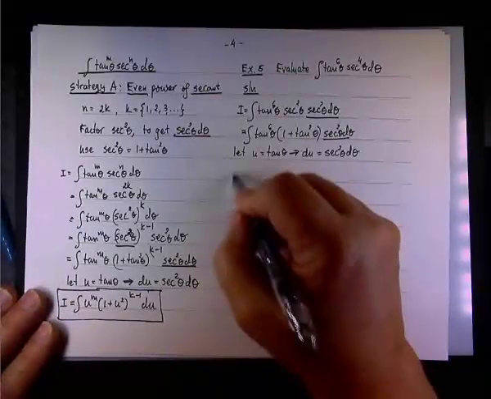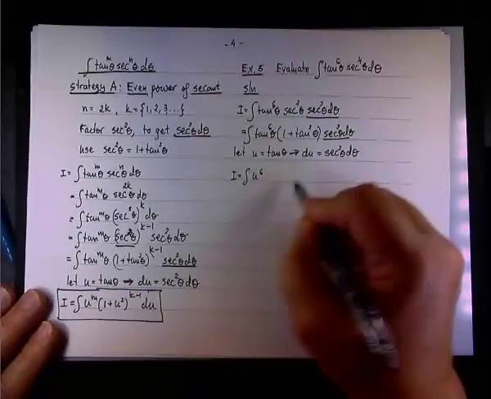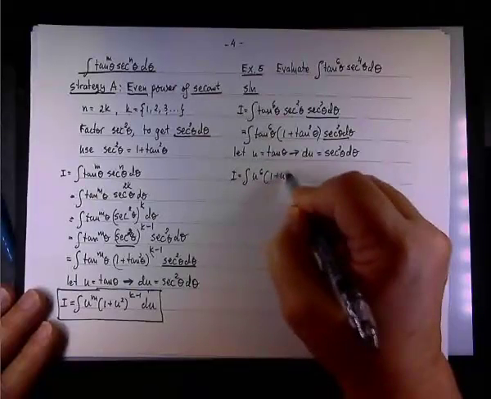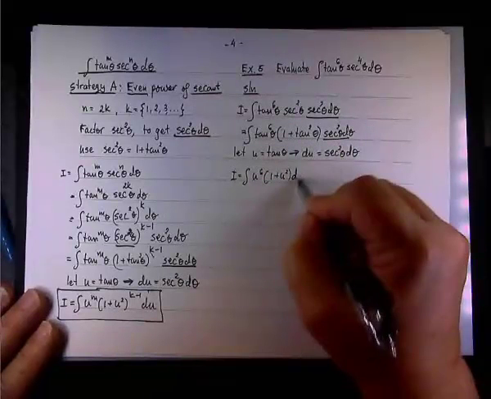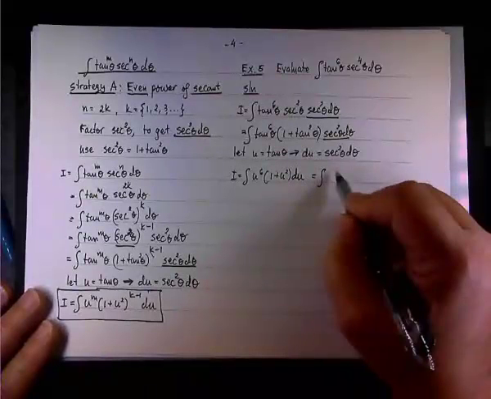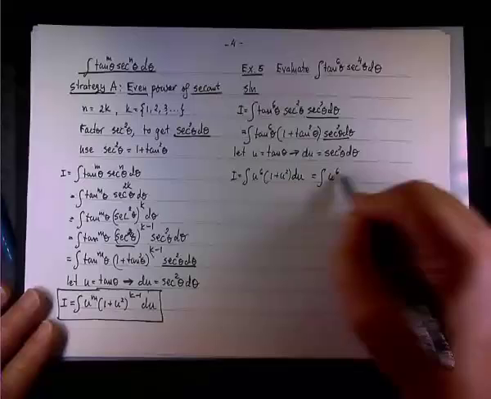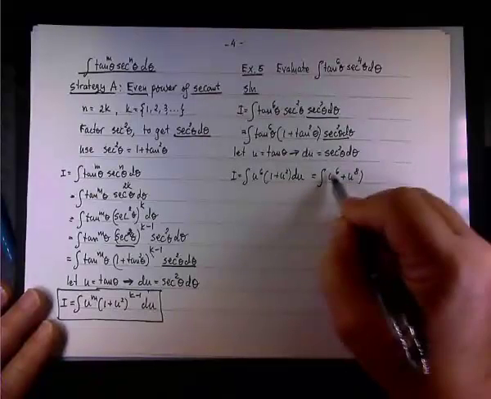And now we're going to say that I, the integral, is really the integral of u to the 6th times 1 plus u squared, to the power of 1, and then du. Well, let's clear the parentheses and get u to the 6th plus u to the 8th du.